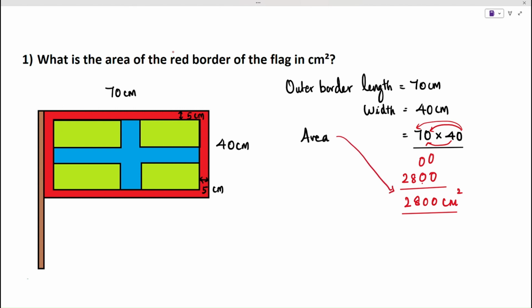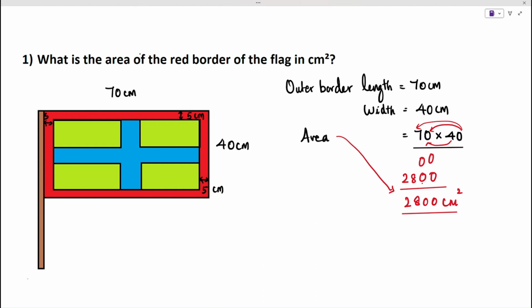Now, we're going to find the area of the flag that is not the red border. We're told that the red border has a width of 5 centimeters. So from each of the lengths that we're given, we can subtract 10 centimeters, as this is 5 centimeters from both ends.